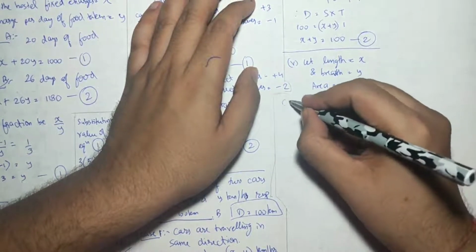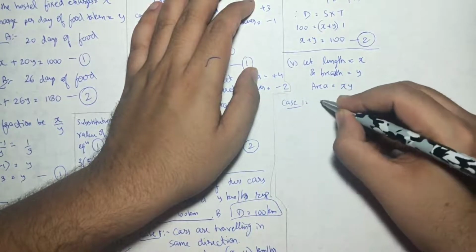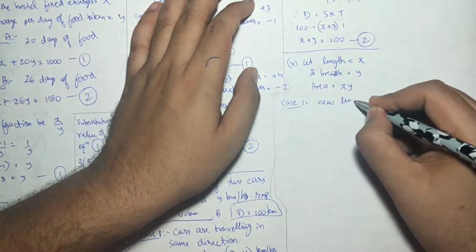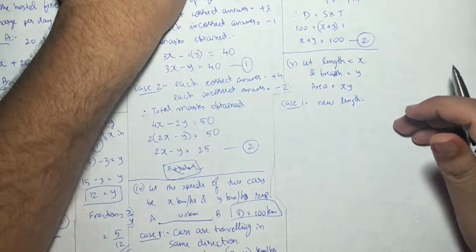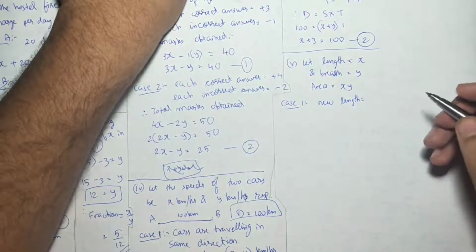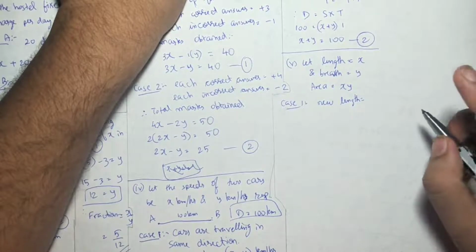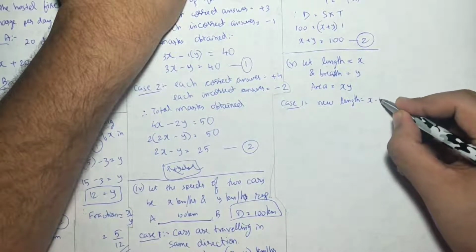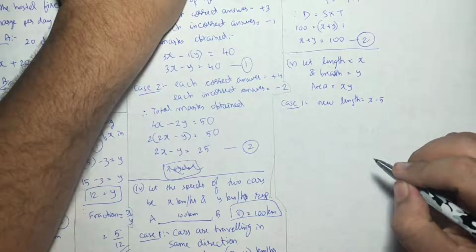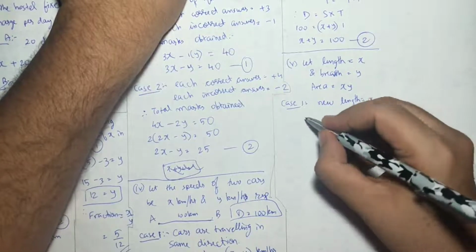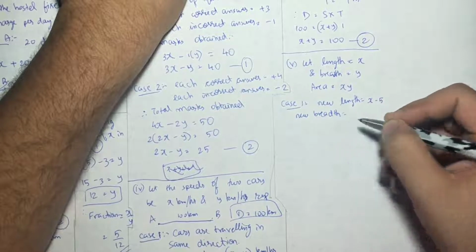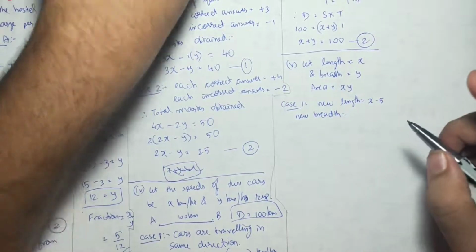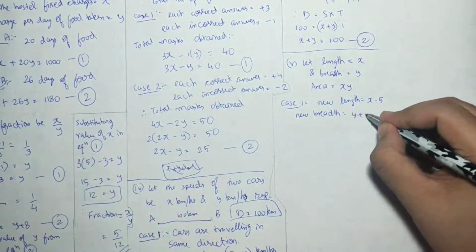Now case 1. New length is, it is reduced from original length by 5 units. So x minus 5, that is my new length, and new breadth is 3 more than the original breadth, that is y plus 3.